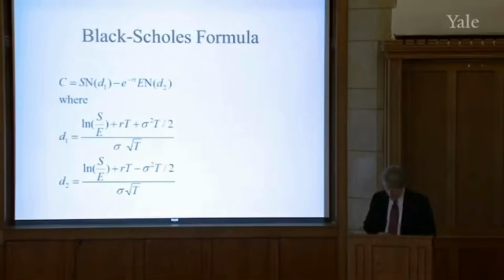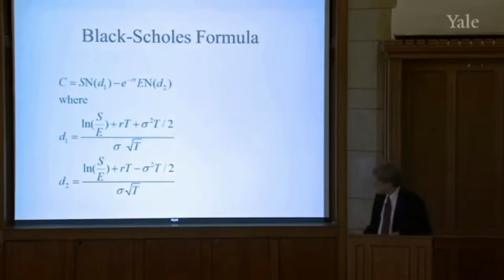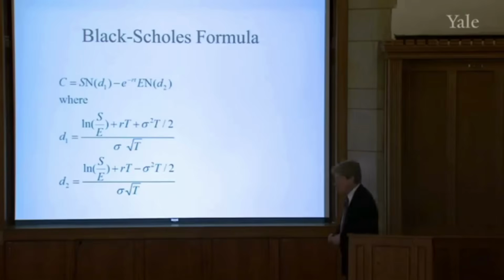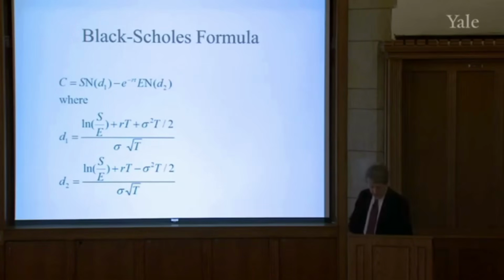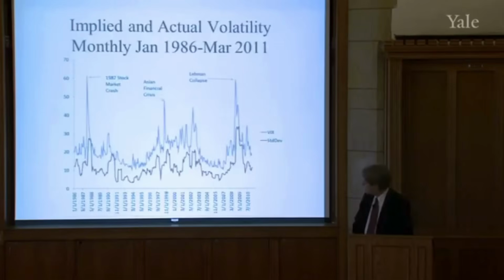And so that's where we are with Black-Scholes. So implied volatility is the options market's opinion as to how variable the stock market will be between now and the exercise date. So one thing we can do is compute implied volatility.